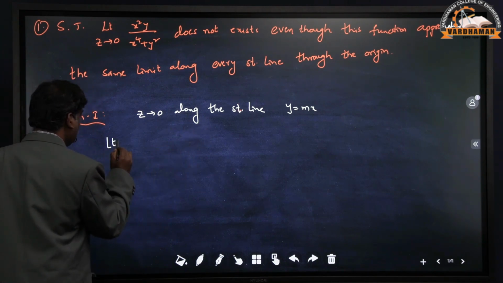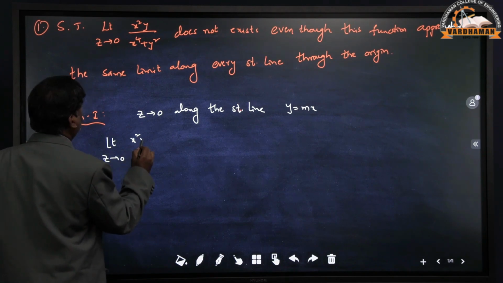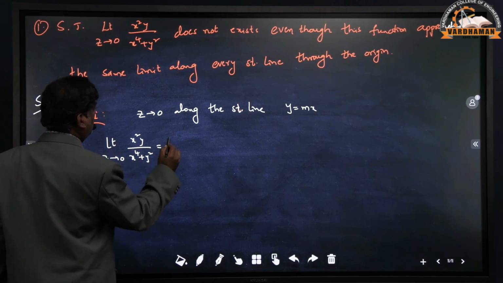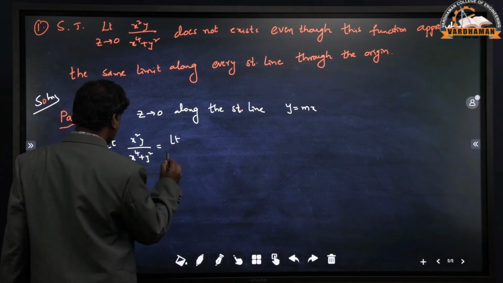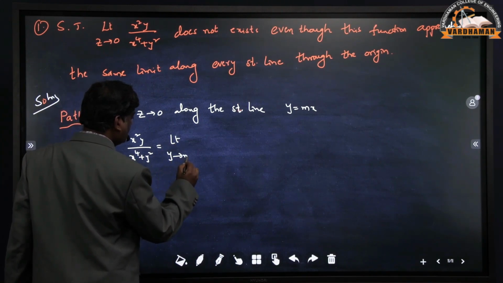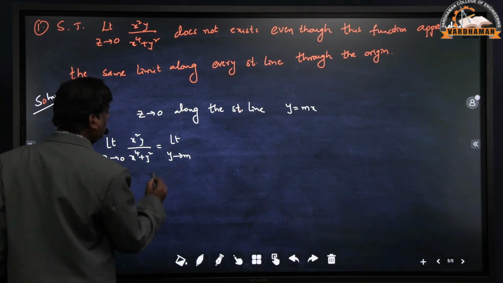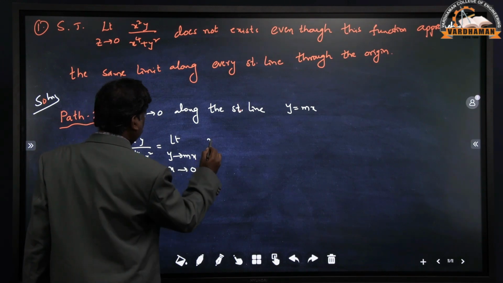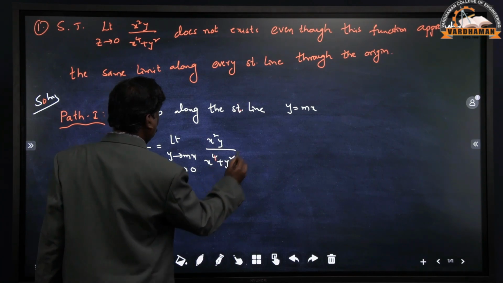Limit as z tends to 0 of x squared y by x to the power 4 plus y squared. Now here, in place of y you can take mx. z equals x plus iy, so y tends to mx and x tends to 0 in x squared y by x to the power 4 plus y squared.